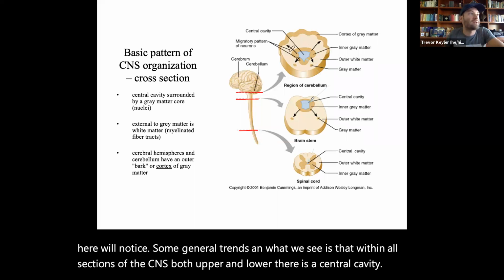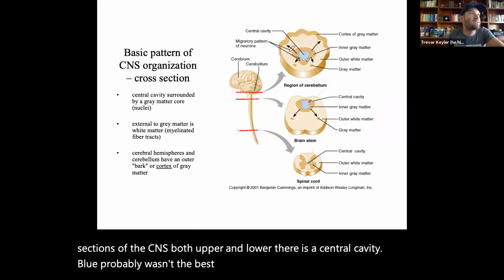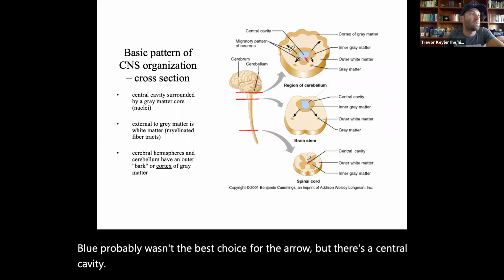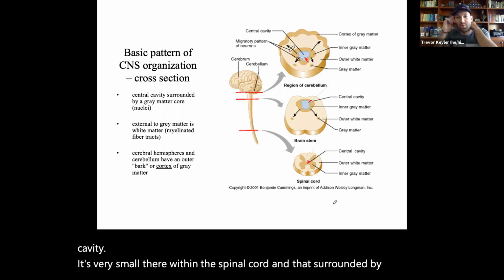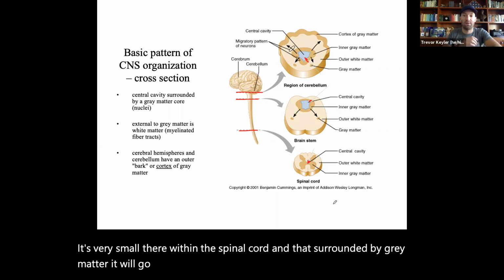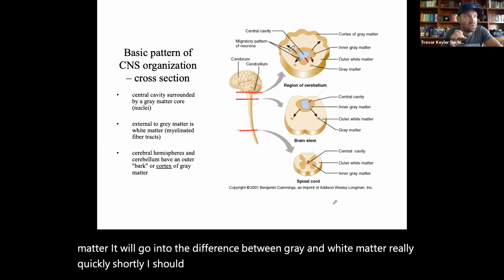Blue probably wasn't the best choice for the arrow, but there's a central cavity. It's very small within the spinal cord, and that's surrounded by gray matter. We'll go into the difference between gray and white matter shortly. So you have a central cavity, and that's surrounded by gray matter.